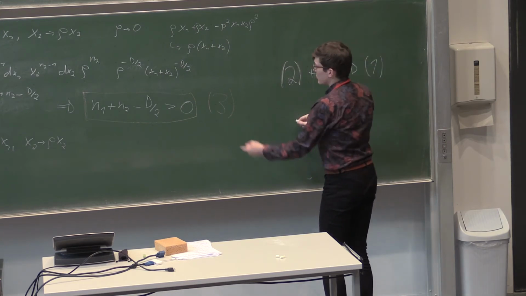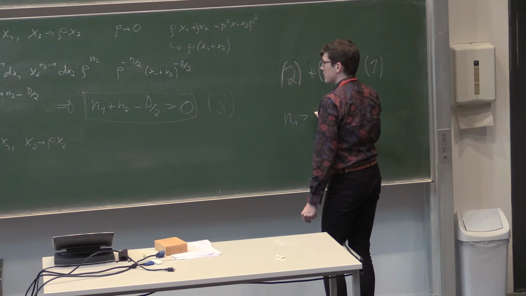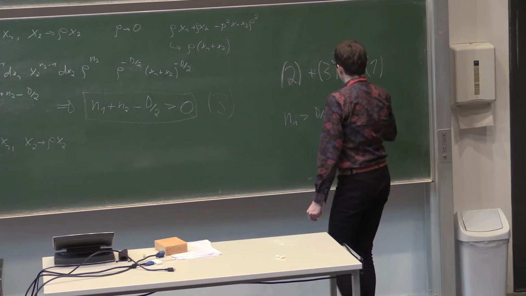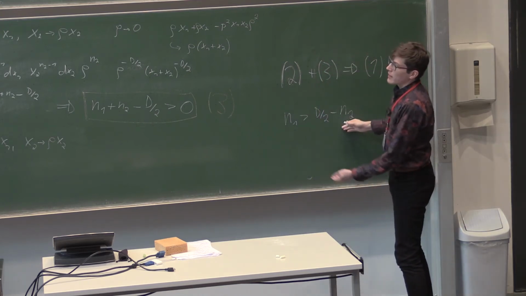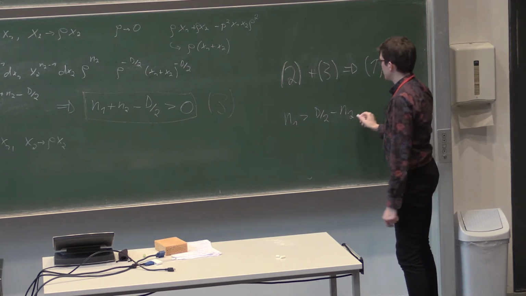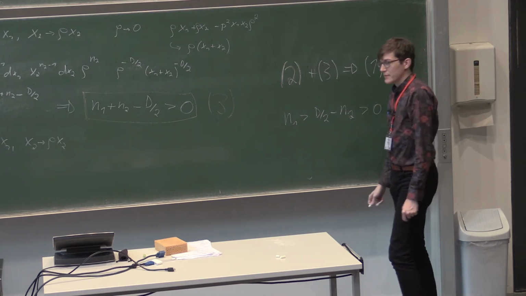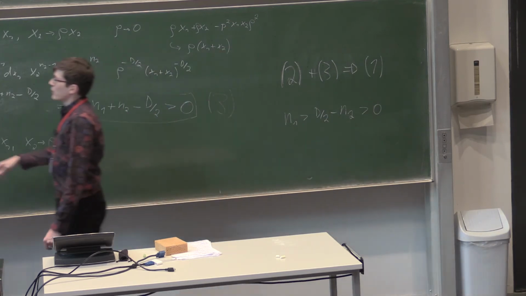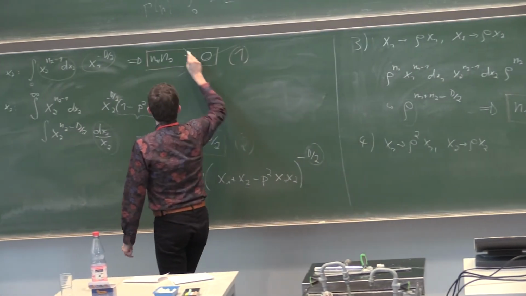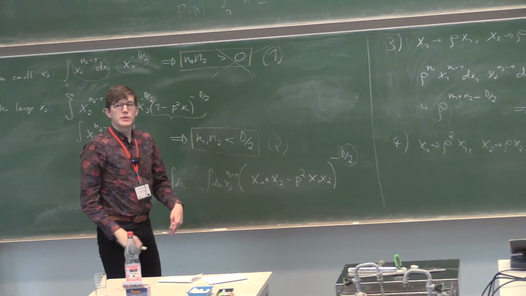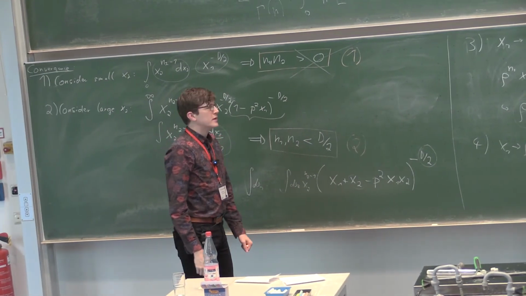Right? Because 3 says that n1 is bigger than d over 2 minus n2, and by 2, this is bigger than 0. Yeah, so actually we can forget about condition 1. If you check condition 2 and condition 3, we've already implied condition 1.